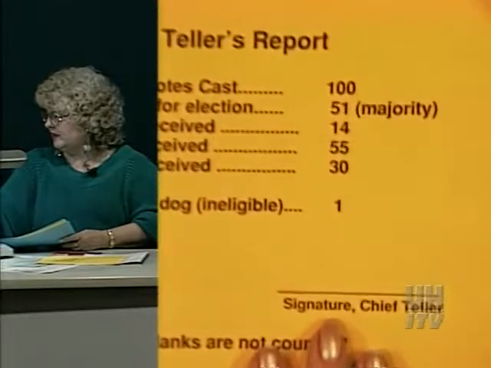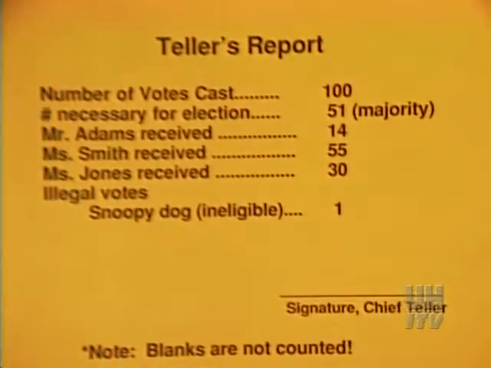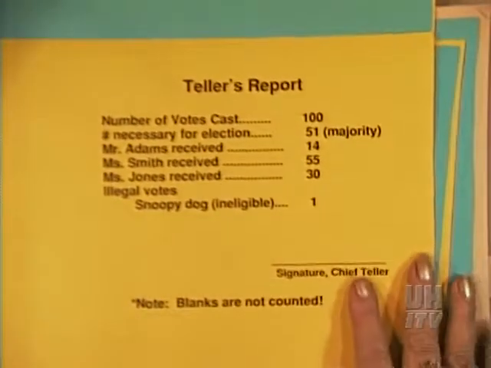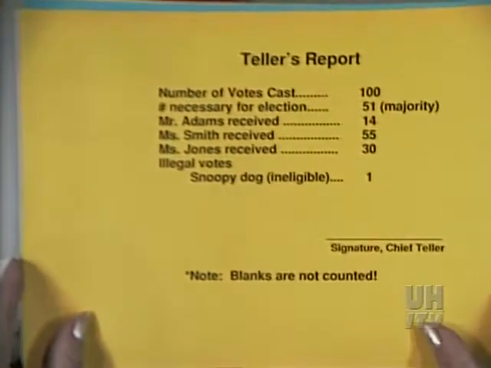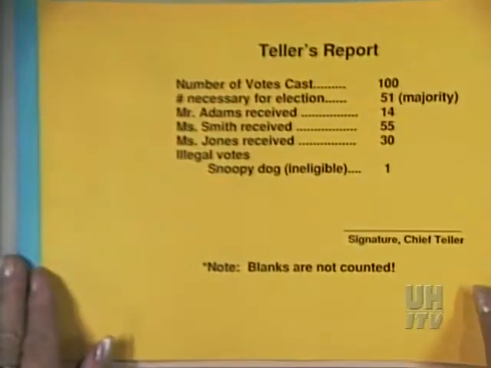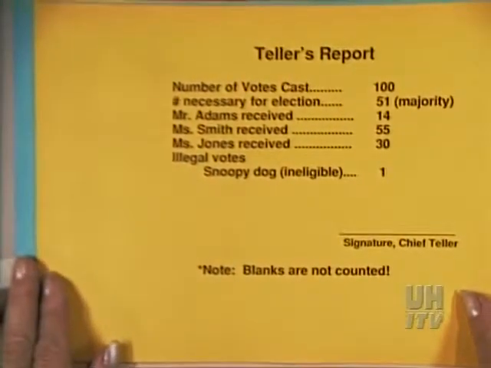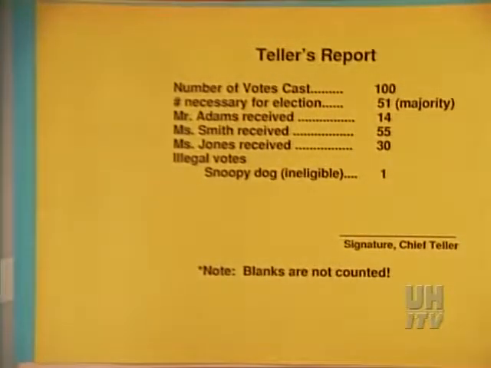I want to go back and get you thinking about the teller's report. Again, we can tidy up a little bit here. You'll remember, I think we looked at this visual once before.